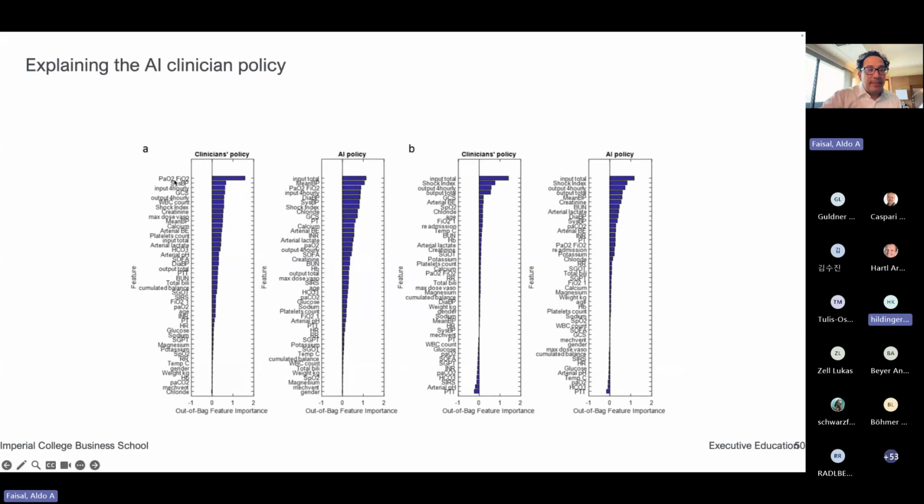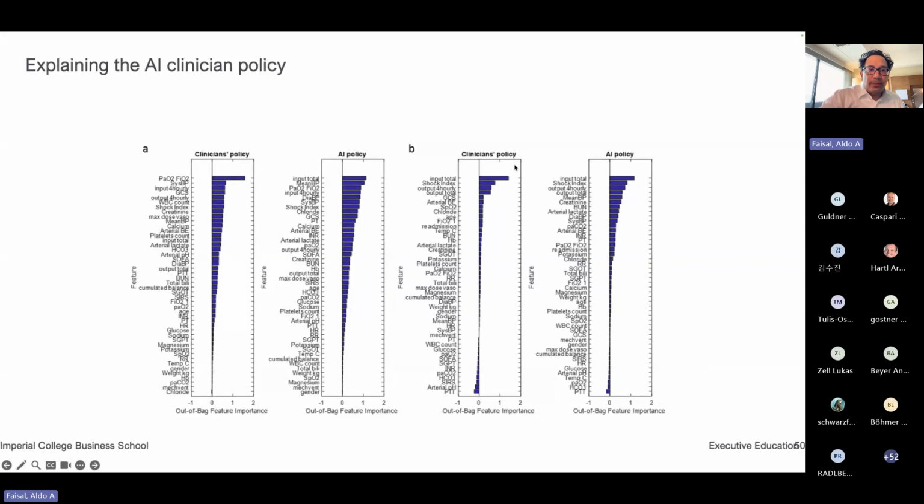So for example, you see here the PF ratio is particularly high. For other diseases, for other factors, for other parameters, it's not so high. What's interesting here is that the AI clinician looks at other factors with more importance and looks overall at more numbers in a balanced way.